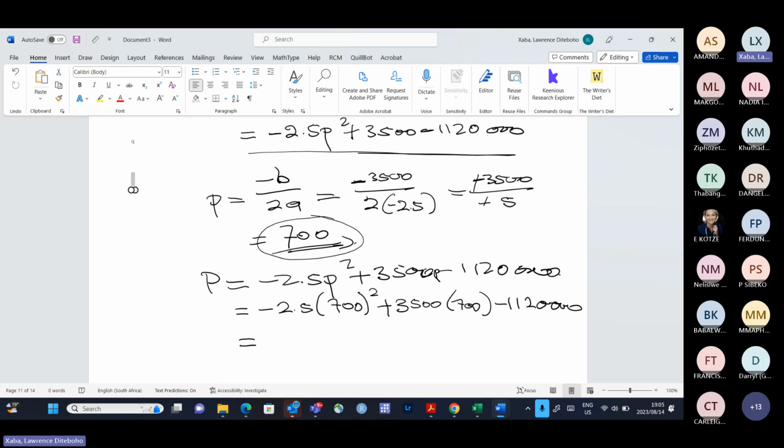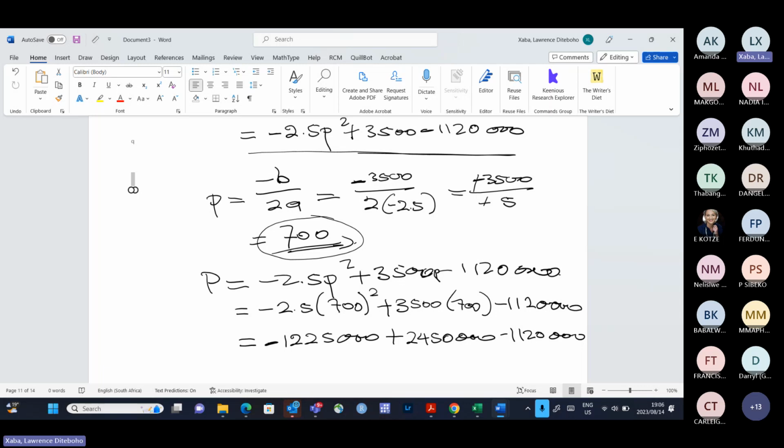When we simplify, we say negative 2.5 times 700 squared, then we have negative 1,225,000 plus 3,500 times 700, 2,450,000, minus 1,120,000.